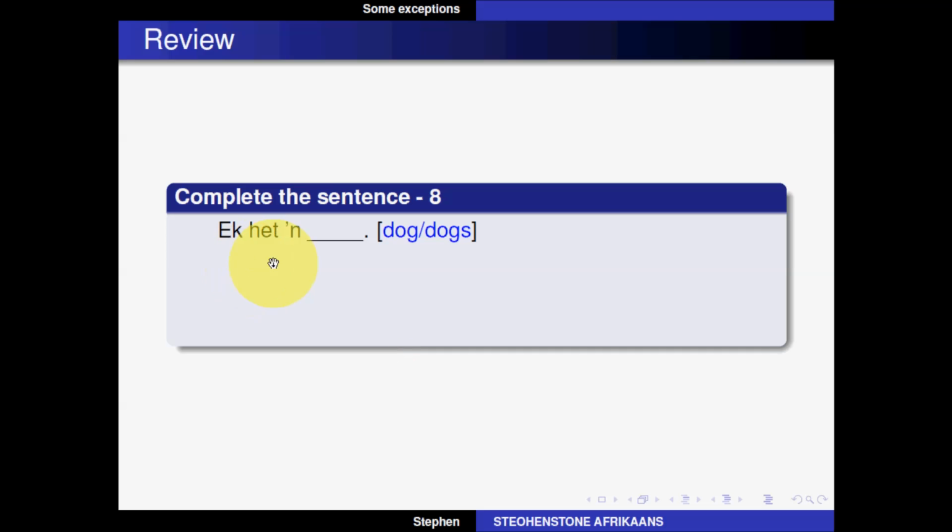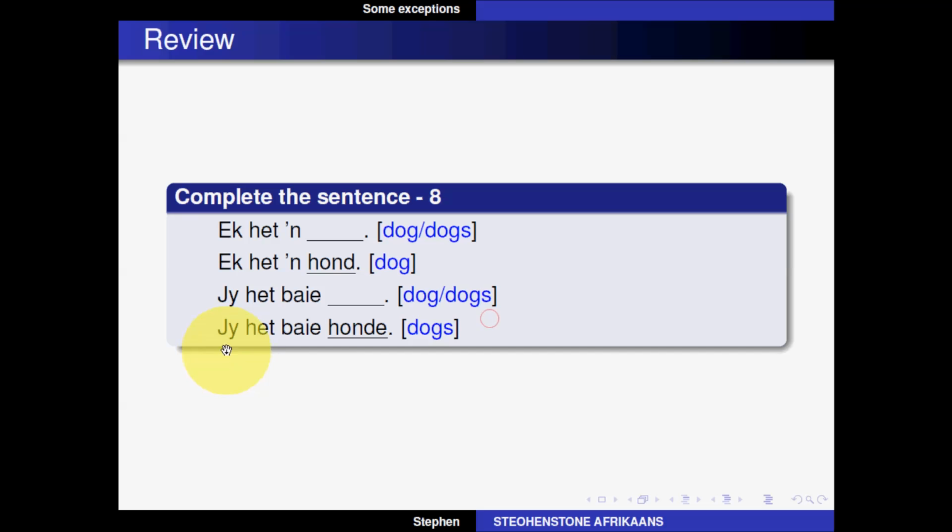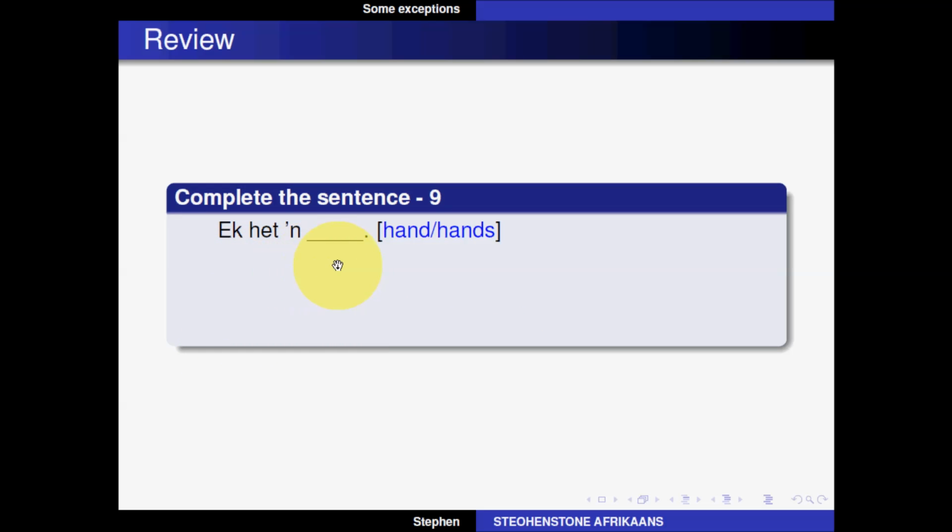Ek het 'n hond. Ek het 'n hond. Jy het baie honde. Jy het baie honde. Ek het 'n hand. Ek het 'n hand.